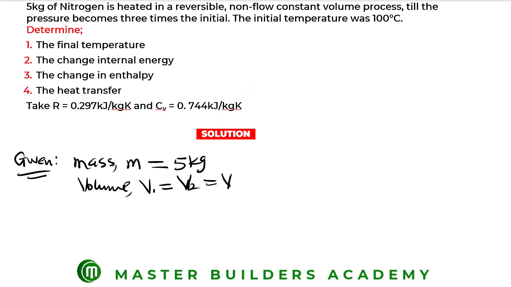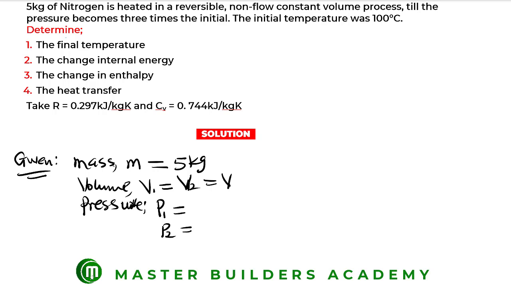All right, then as we read further, we also have pressure given. This pressure will have an initial and a final. As we read through the question, we're told that till the pressure becomes 3 times the initial.